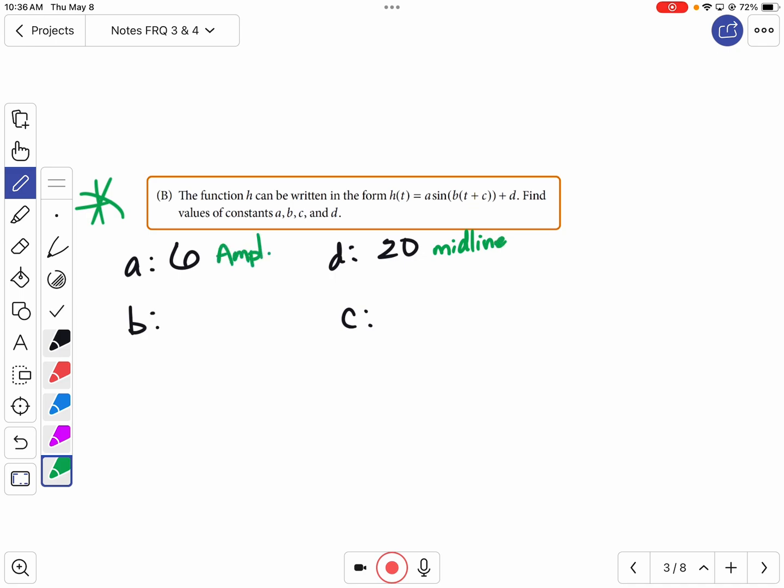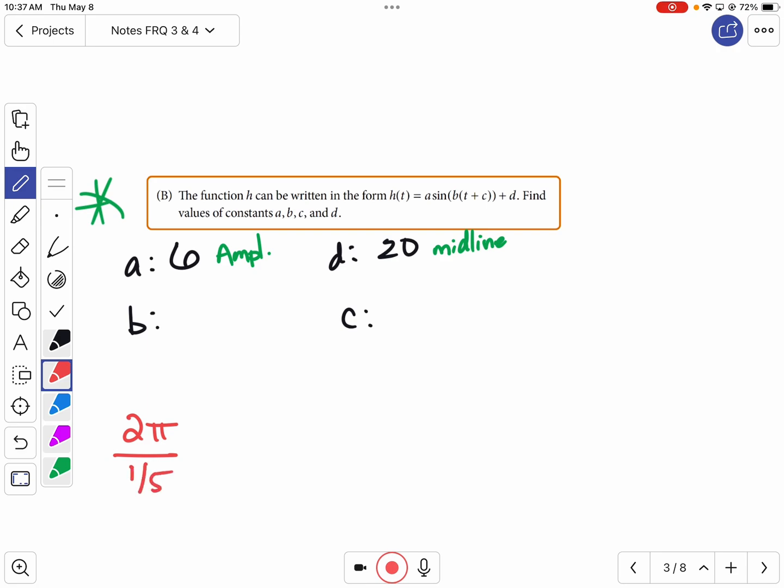Okay, now then we get to B and C. B is the period, or the number that's associated with the period. Because this is a trig graph, what is the typical period we see? It's 2 pi. But to get B, I have to divide it by how long it took me to make a full rotation. Now, it took me 1/5 of a second, or 0.2.